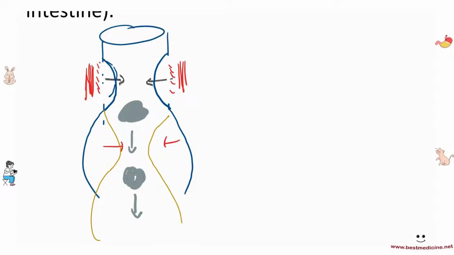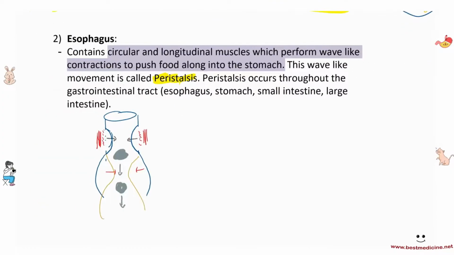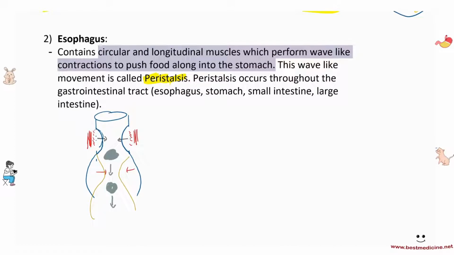You contract the circular muscles, and below the food you contract the longitudinal muscles to allow it to be pushed down into the stomach. Okay? And this movement is called peristalsis. Not only does it occur in the esophagus, it also occurs in the stomach, the small intestine and the large intestine to push all the food and digested contents along the gastrointestinal tract.